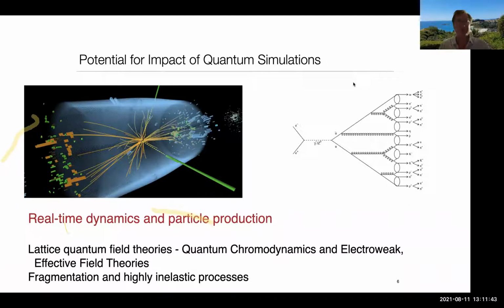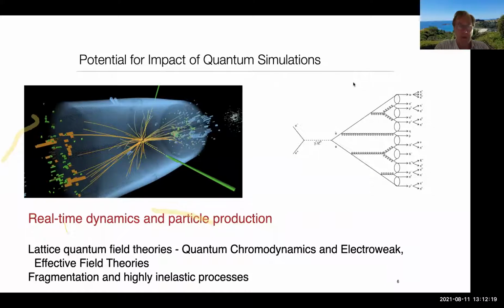So one of the areas is, of course, real-time dynamics and particle production. For instance, we imagine the events at Brookhaven in heavy ion collisions, or at CERN in hadron-hadron collisions or hadron-ion collisions, and also at the future EIC. One has very high energy events involving two particles or a small number of particles in the initial state, and the energies are sufficient to produce enormous numbers of particles in the final state.